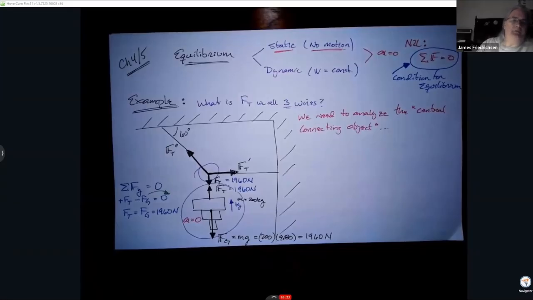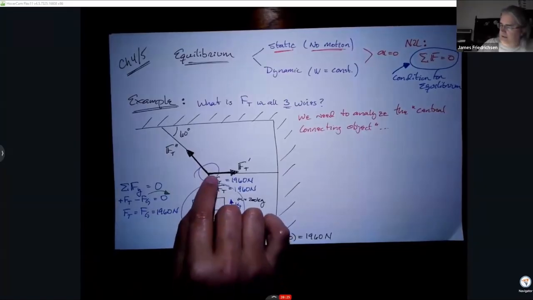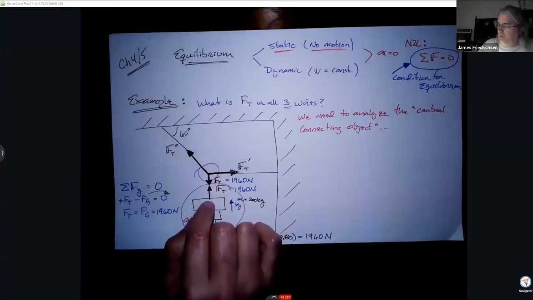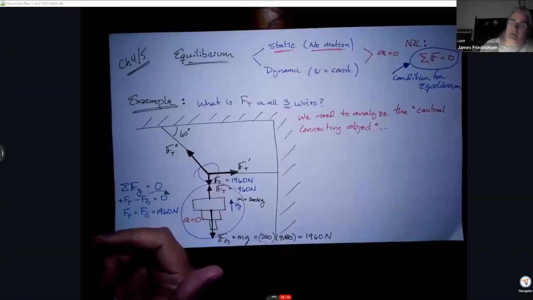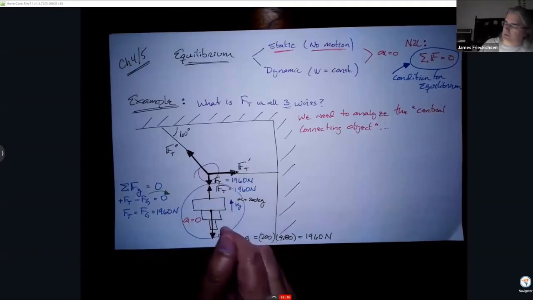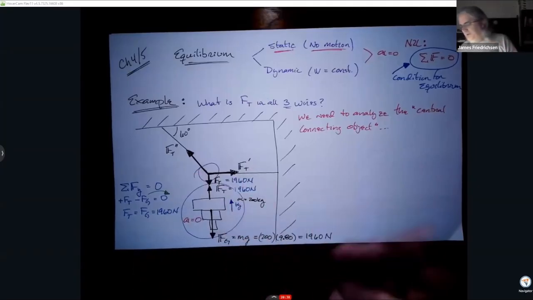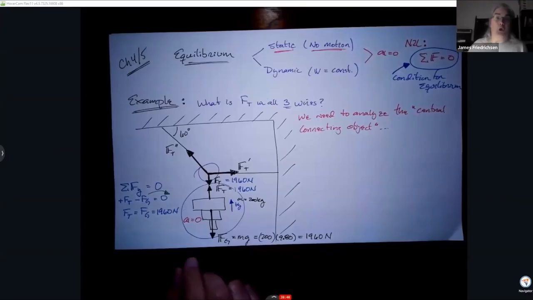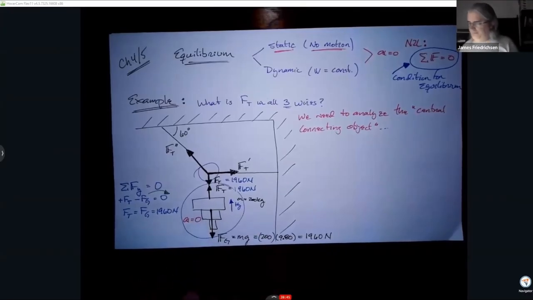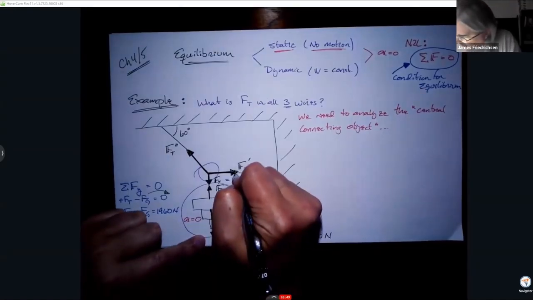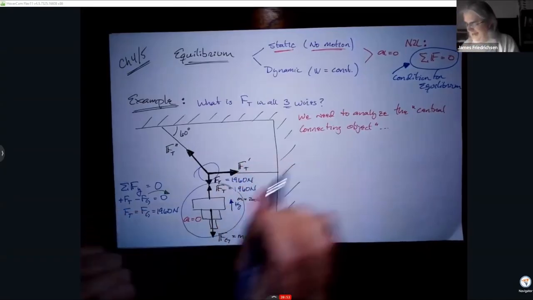Emmanuel's correct. This is on the knot by the vertical wire. This is on the chandelier by the vertical wire. Those are not third law pairs. While they are both tensions, the on and the by don't trade. So this is like cousins born on the same day. They're close, but they're not twins. All right, good job. Probably don't need to ask you anymore about the third law pairs. Seems like y'all have that one down.